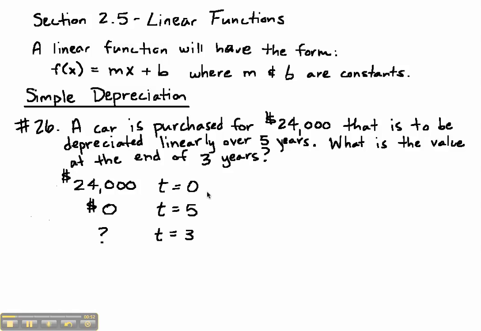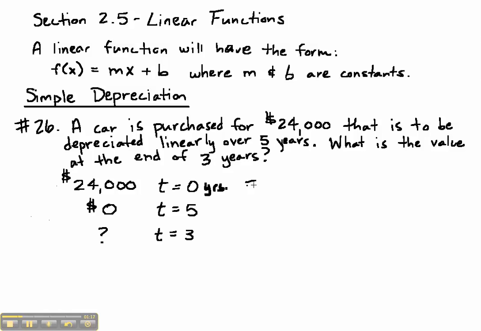That's t equals 0. That's given in years. And it would be worth $0 after 5 years. That's what it means by it's depreciated linearly over 5 years. And they're wanting to find the value at the end of 3 years.